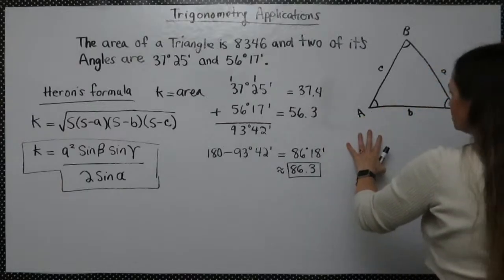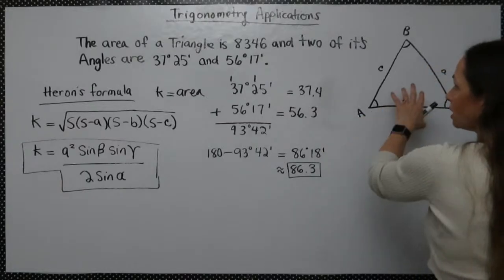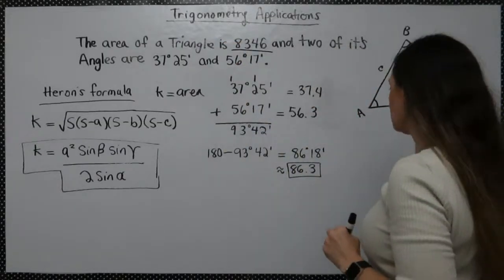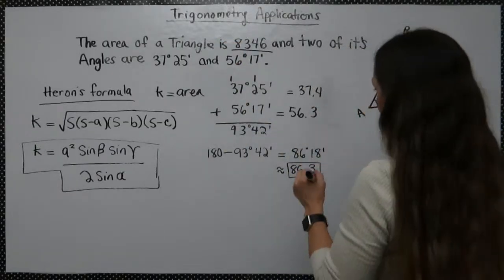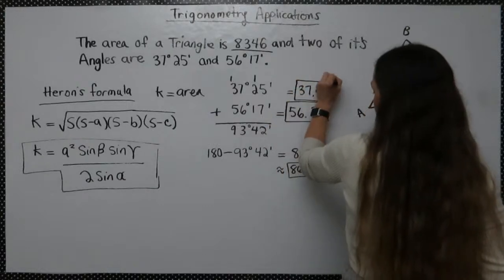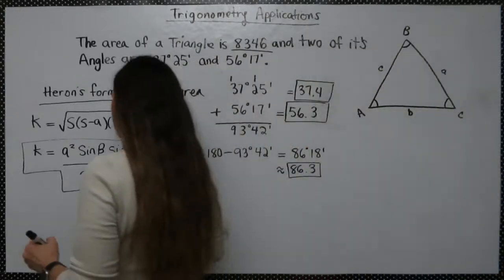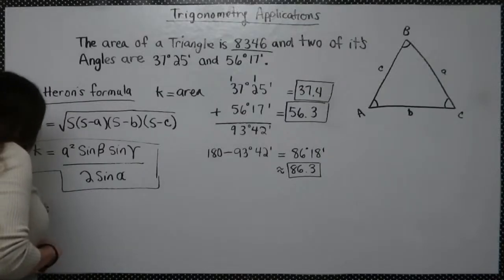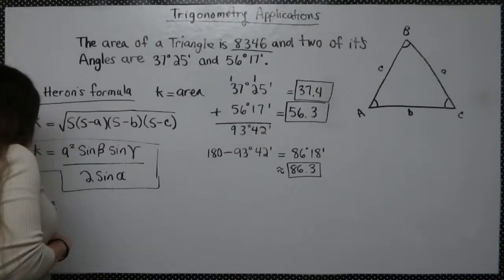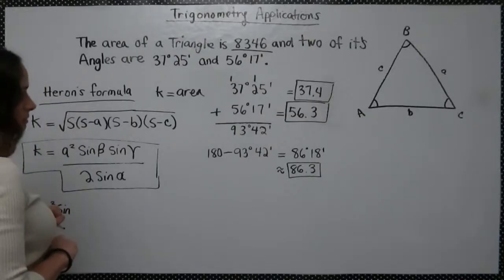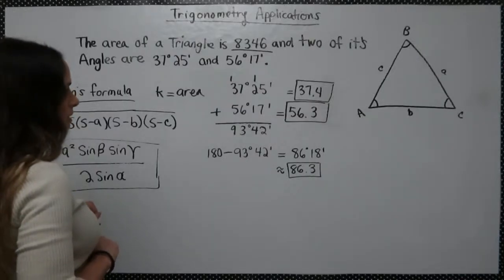So what we're going to do is, we know the total area is 8,346. And we know all three angles now, so we're going to box them. So we're going to first plug into Heron's formula here. We'll say a squared times the sine of beta. So we'll just say B is beta.